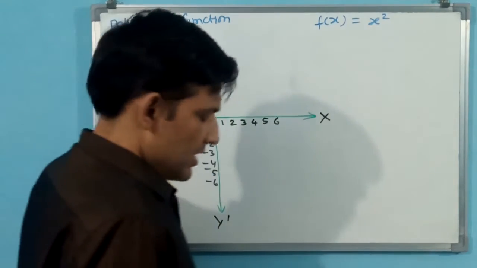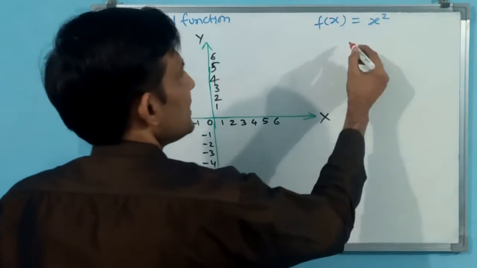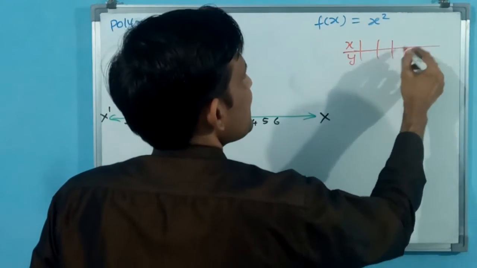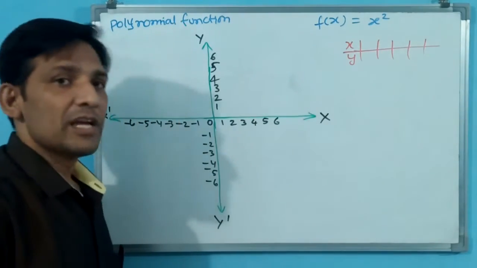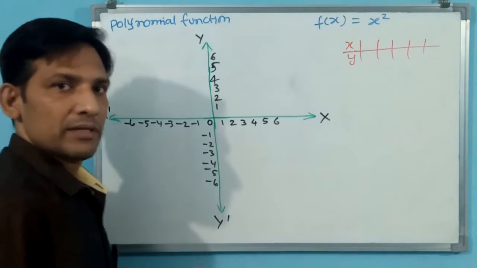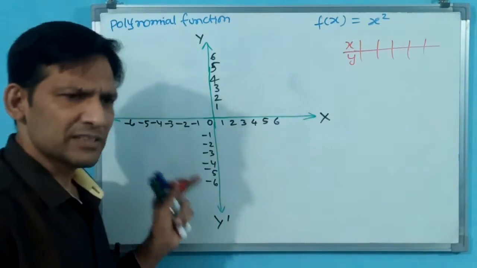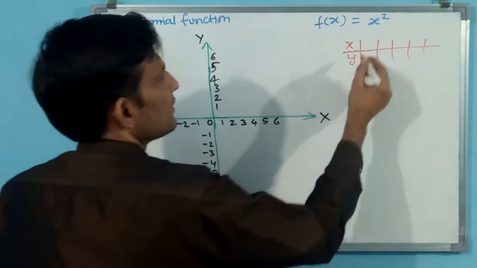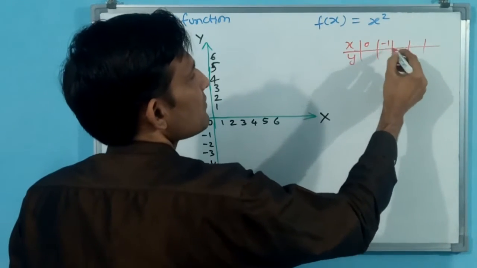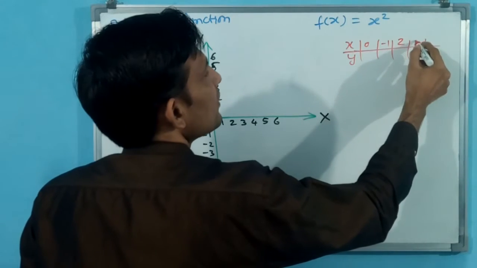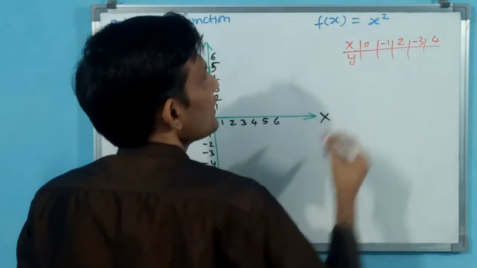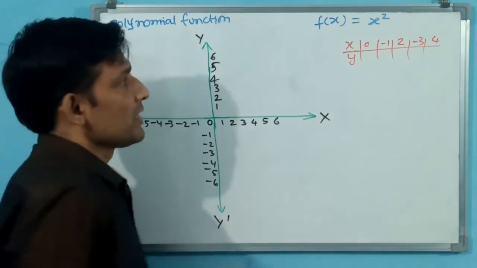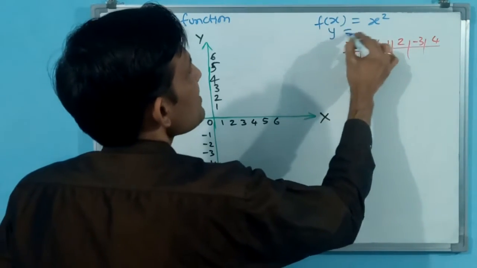Let us make one table, x and y. We came to know that we can give any real number as input, because we are discussing real valued functions only. 0 we can give, -1 we can give, 2 we can give, -3 we can give, 4 we can give. What will be the output? f(x) = x² means y = x².